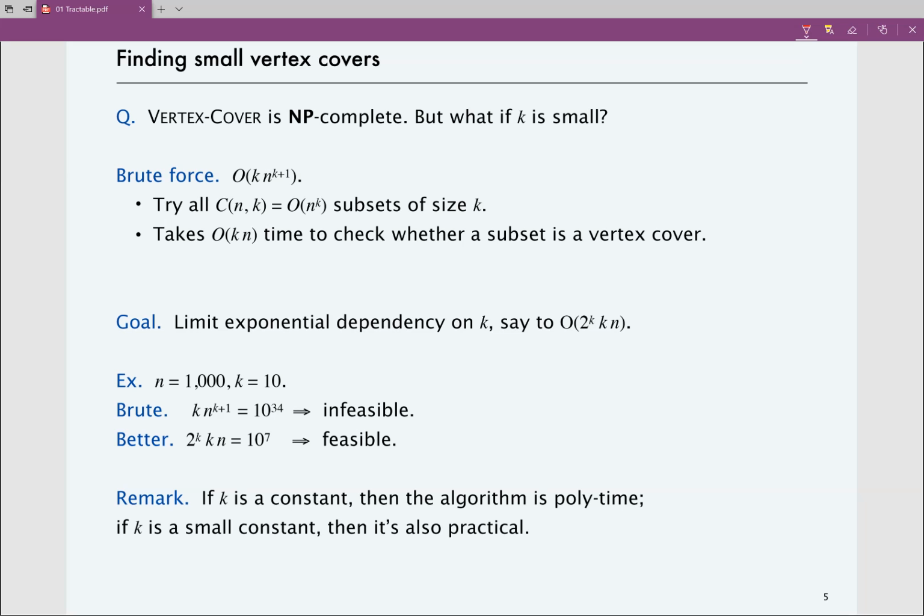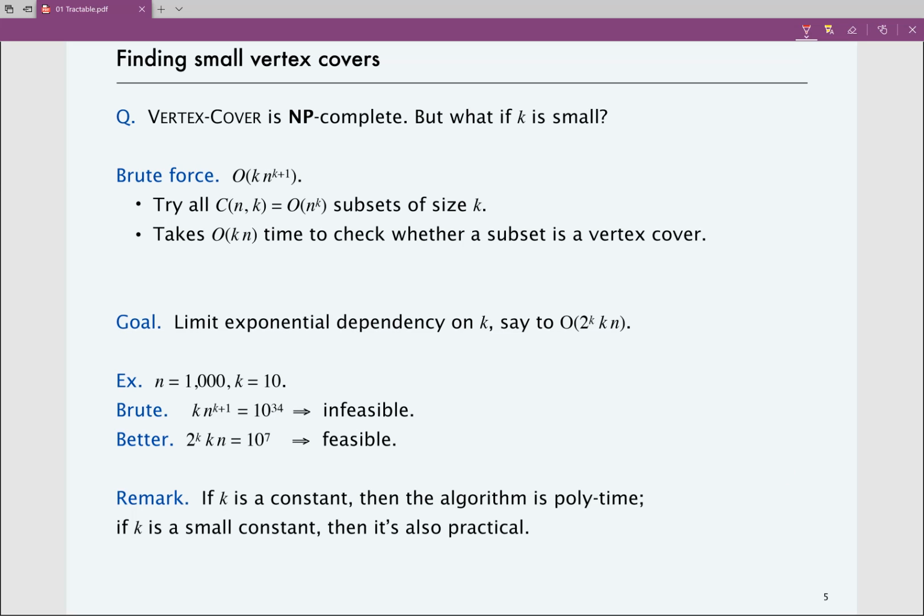Now, what we're going to do is we're going to try to look for another algorithm, which is going to be much faster than the brute force algorithm. Now, this new algorithm is still going to be exponential time in the worst case, okay? But it's going to have a much better exponential dependency. So in particular, in the brute force approach, the exponential part involves both n and k.